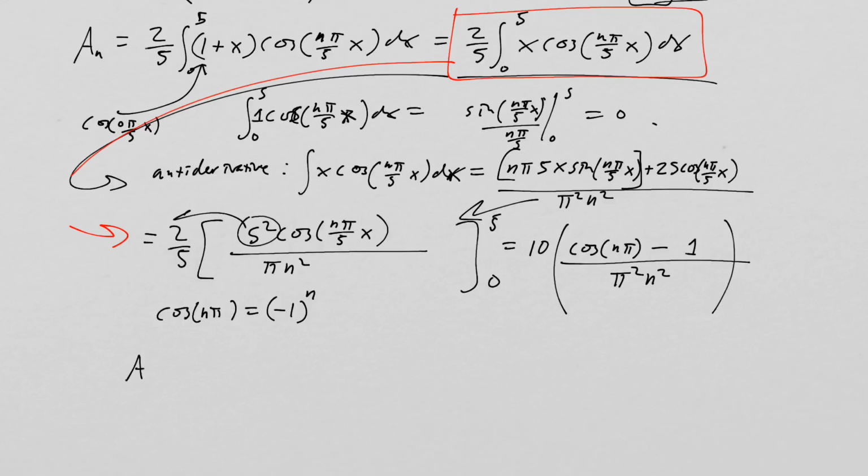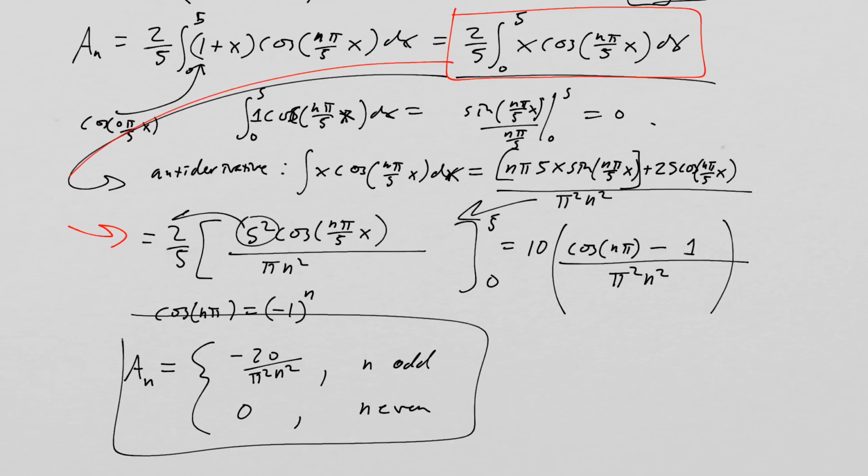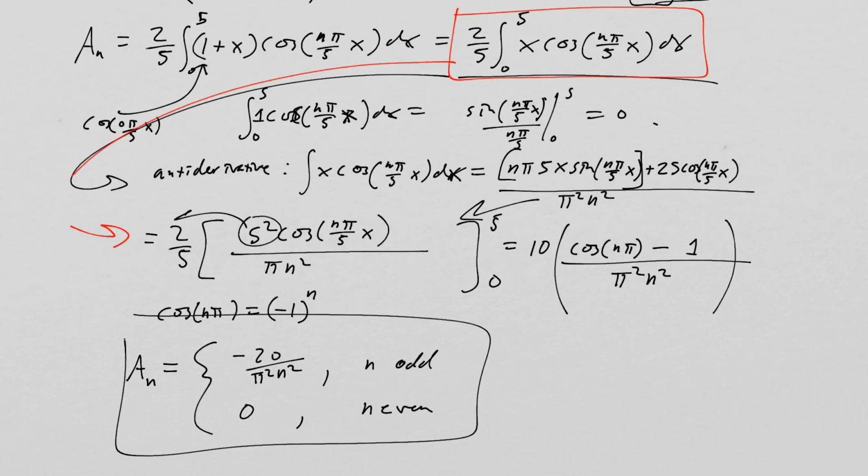So one way we can write a_n is equal to -20 over pi squared n squared, and this is for n that's odd, and 0 for n being even. Okay, so that's a good way to write this. Now I'm going to convert this.